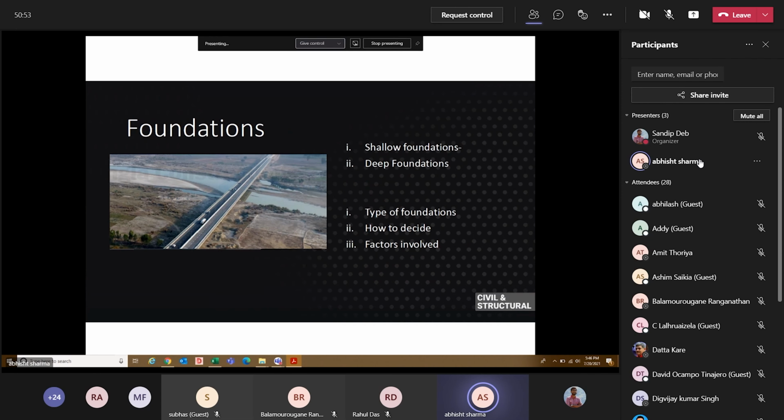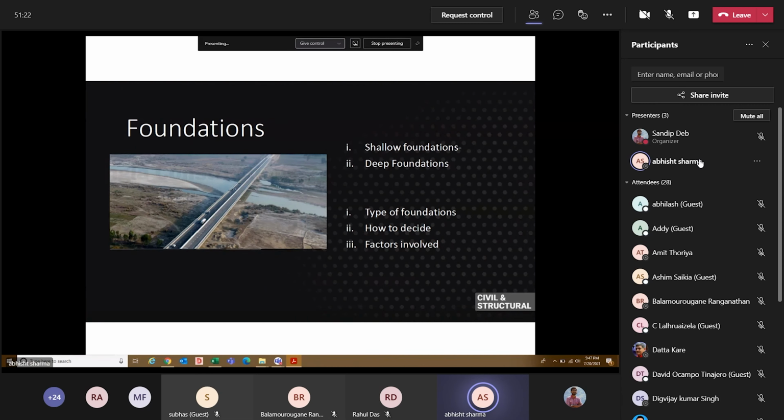Then of course we have substructures, which is nothing but the pillars below the superstructure. Like I have shown you, there are no types in that, but in foundations we have shallow foundations. I hope if you are from a civil background, you already know this, but just to give you a rough idea, a shallow foundation is like isolated footings or open foundations, and then there are deep foundations.